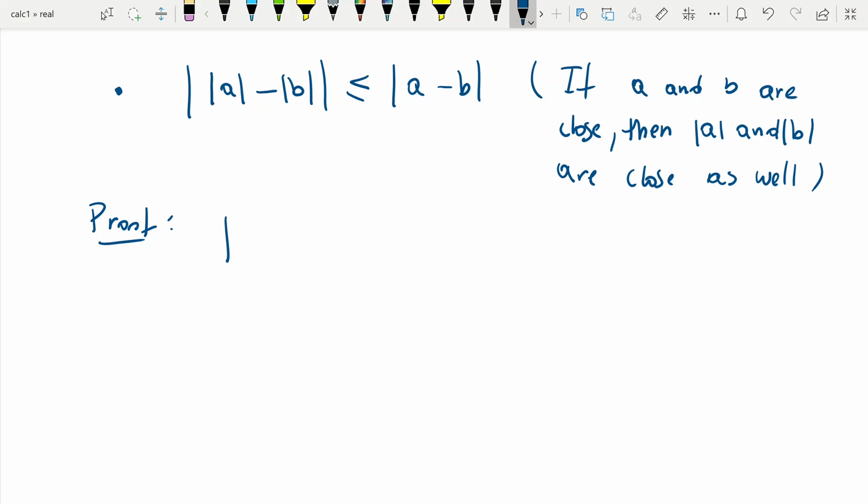Okay, we know by the triangle inequality, well, A minus B is a number, so I'm going to write it like this.